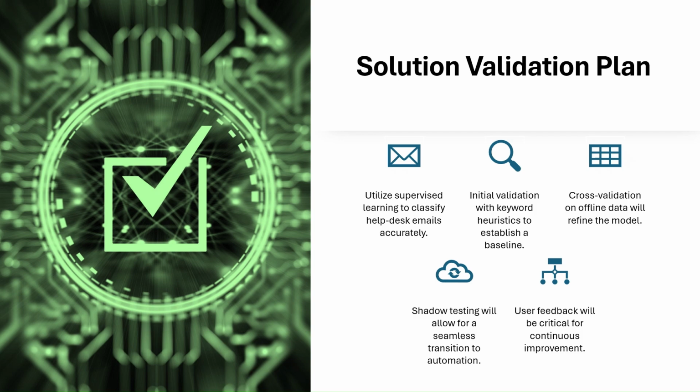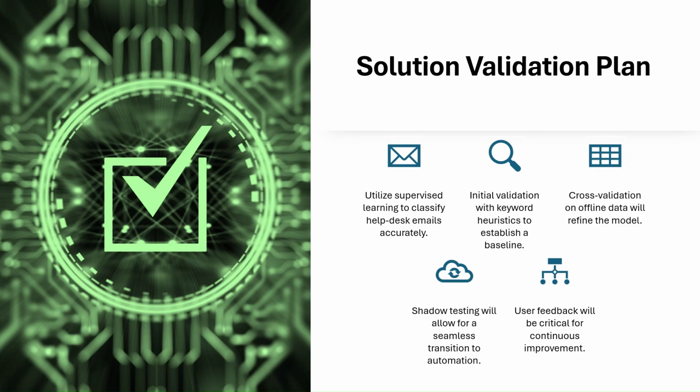Initial validation can be done with keyword heuristics, because the help desk team already doing this operation has some idea about what keywords they use in routing, as well as some instructions provided by going through this operation for a certain period of time. So that will be a good baseline. Cross-validation on offline data will refine the model. As we keep retraining the model, we'll discuss that in the next section.